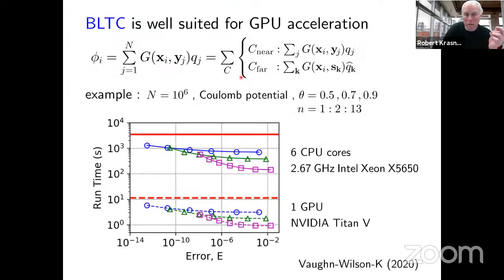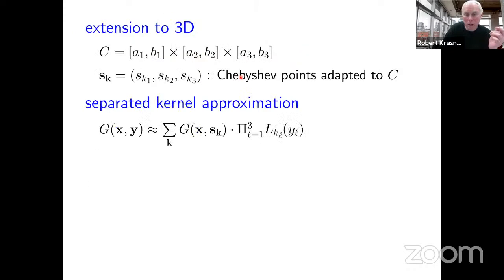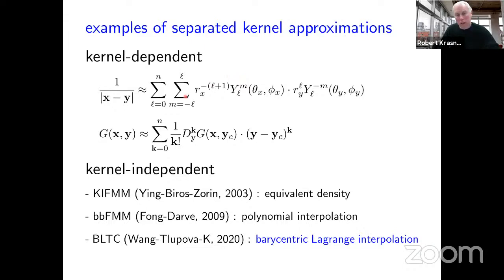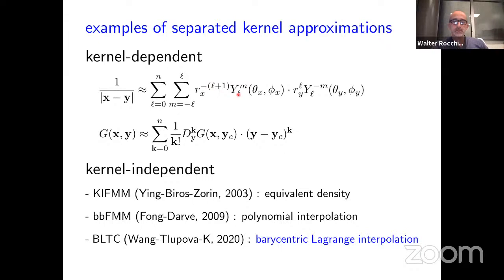I could maybe explain a little bit about why. For example, these spherical harmonics expansions are typically computed using recurrence relations. Evaluating these for different values of L and M can take different amounts of time. If you assign this computation to a thread, you can have thread divergence for different values of L and M. That's just not well suited for GPUs.